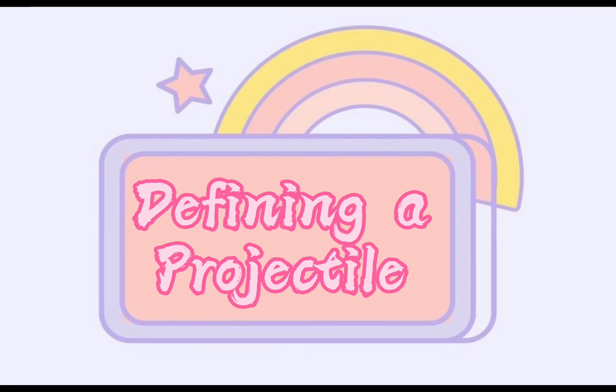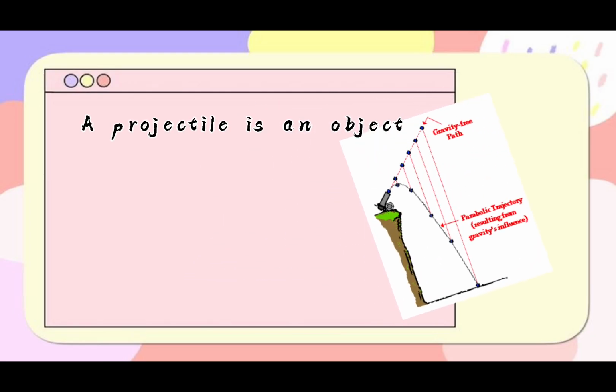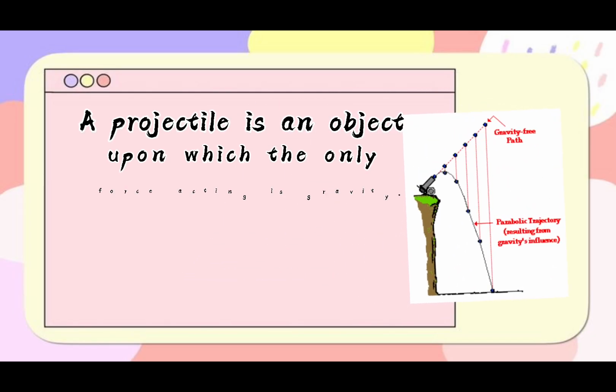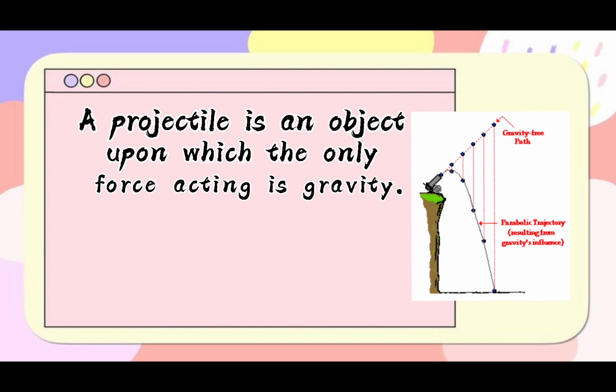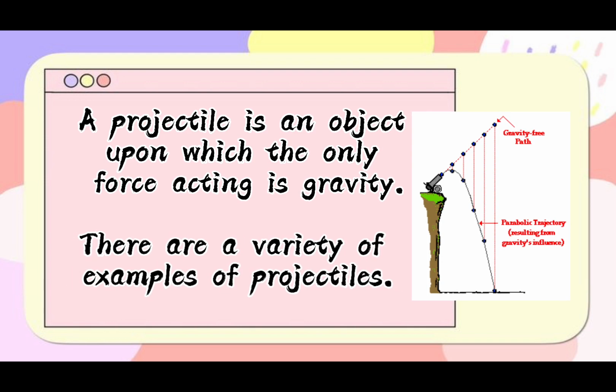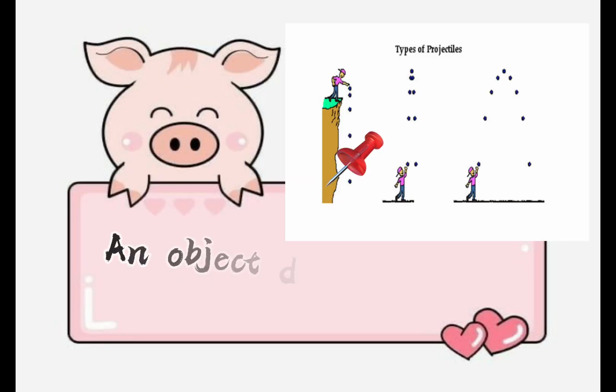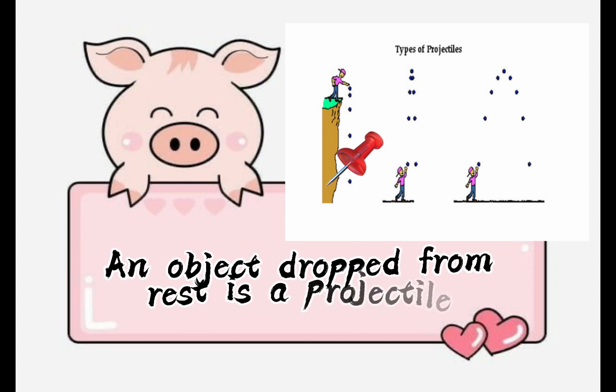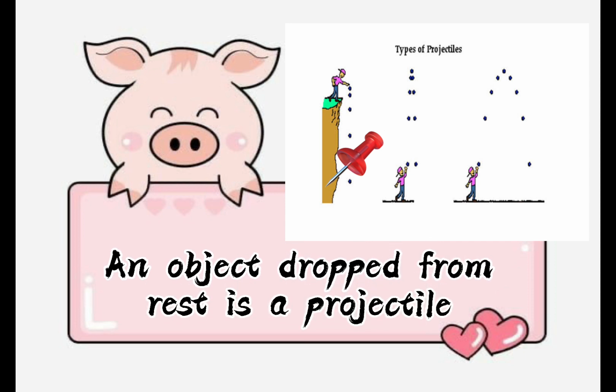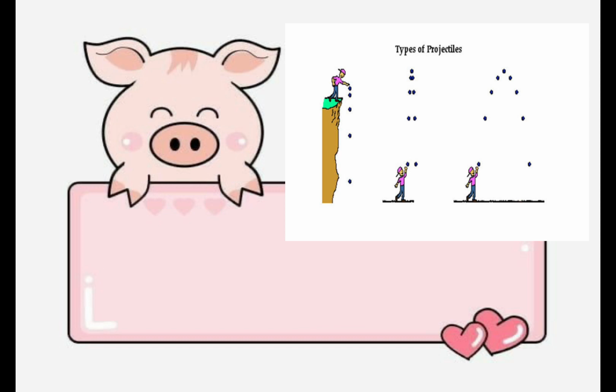Defining a projectile. A projectile is an object upon which the only force acting is gravity. There are a variety of examples of projectiles. An object dropped from rest is a projectile, provided that the influence of air resistance is negligible.